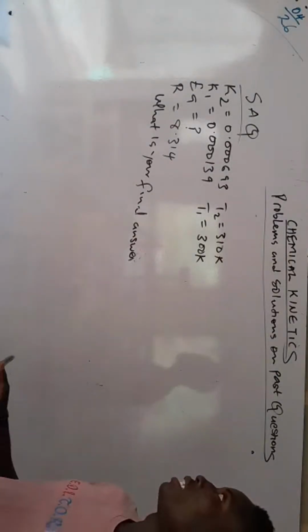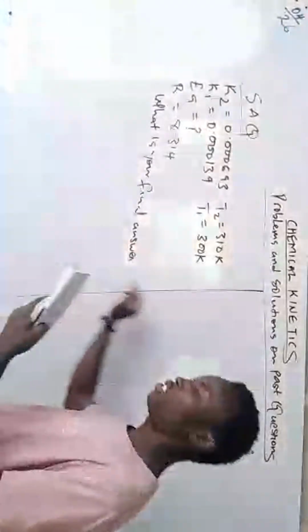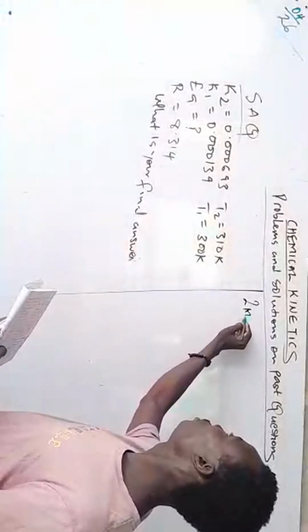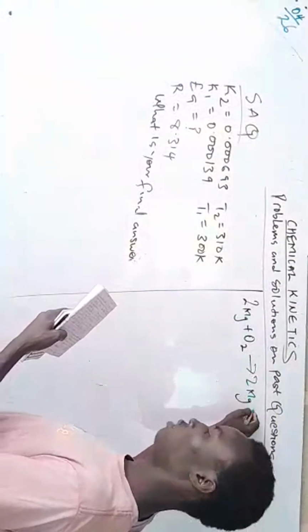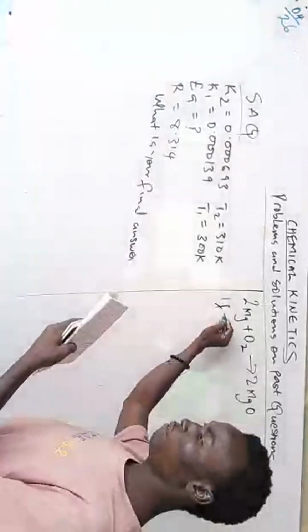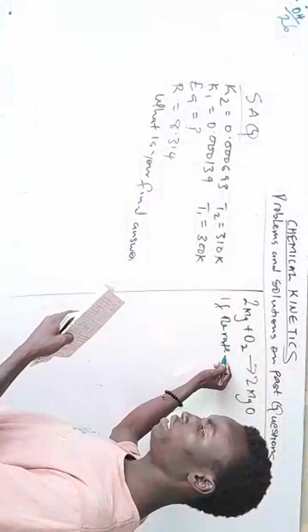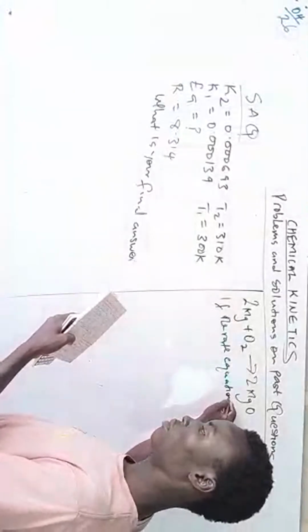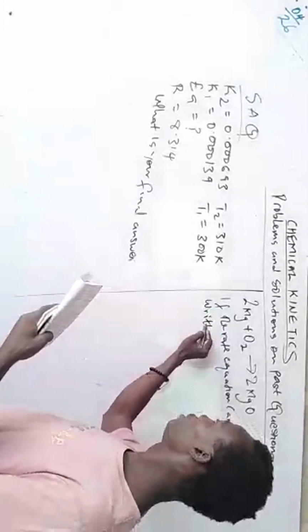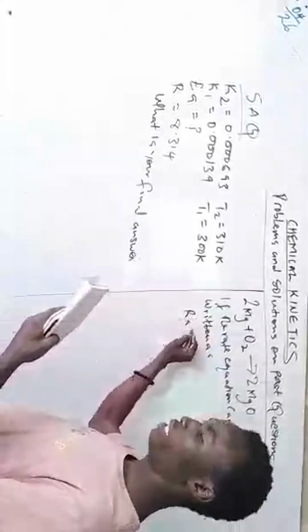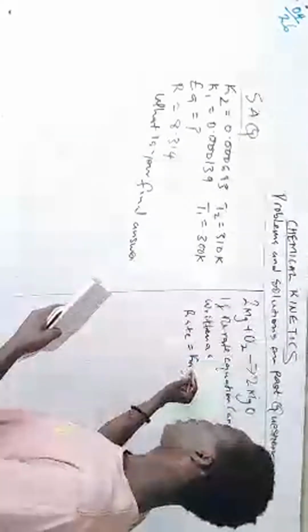Consider the following reaction you are given: 2 Mg plus O2 to give rise to 2 MgO. It says the rate equation can be written as rate equals k [Mg]^x [O2]^y.